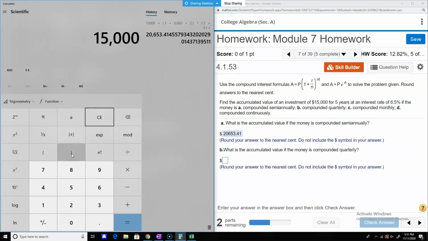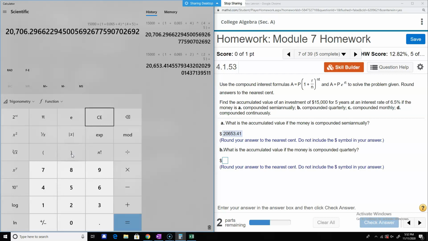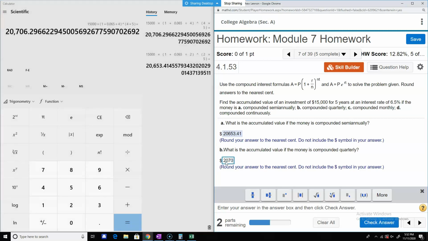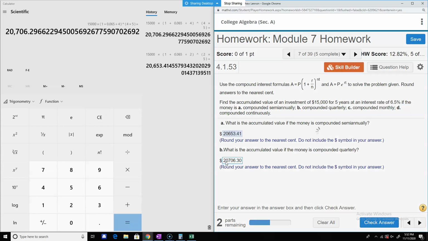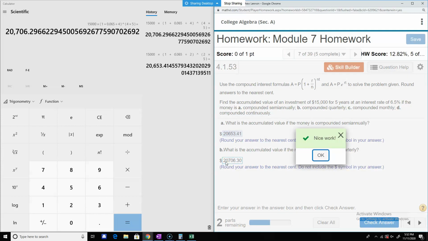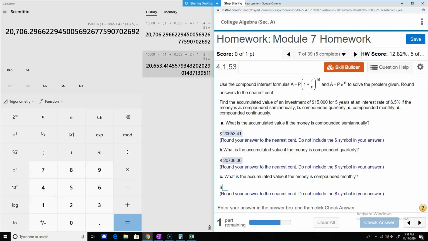I'm just going to type everything in again, and I'm just going to change the 2s to 4s. So we get our answer there, 20,706.30 when we round. Notice it rounds and then carries on that one, so that's a bit tricky as far as rounding goes.